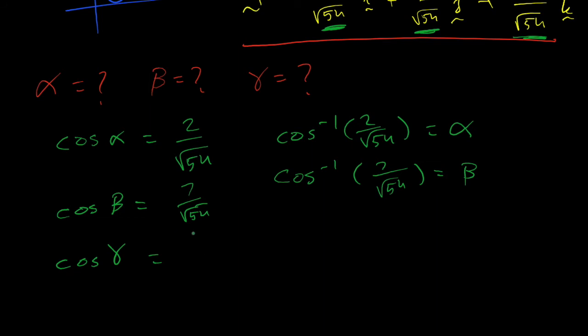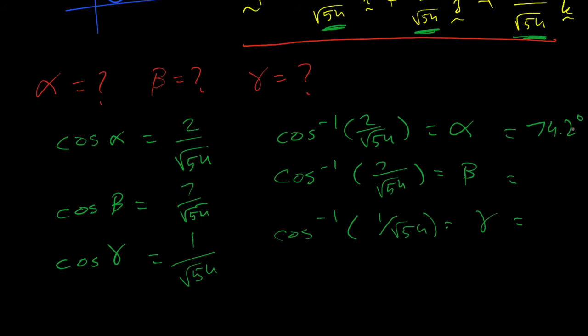So that will be arc cosine of 1 over the square root of 54 is gamma. And I'm going to go ahead and put these into the calculator really quick. We get the following values. This is 74.2 degrees, this is 17.7 degrees, and this is 82.2 degrees.